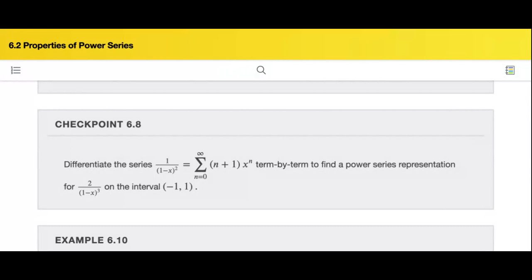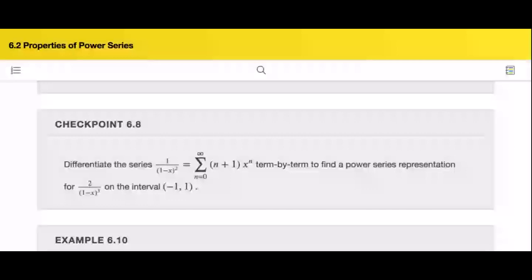All right, does this make sense? What I did is I differentiated term by term to find the pattern. 1, that's 0; 2x, that's 2; 3x squared, that's 6x; 4x cubed, that's 12x squared. Then how do I get a function to represent all those?